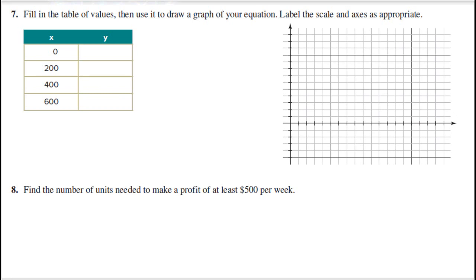Okay, question 7. So 200 cookie jars, 0, negative 2,550. If we sell 0 cookie jars, that's our y-intercept. So we've got that. We sell 200, we're told that they lose $150 in profit. The other ones we actually have to calculate.